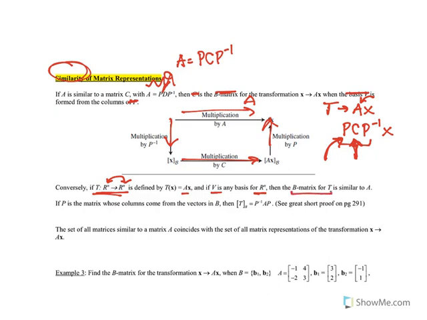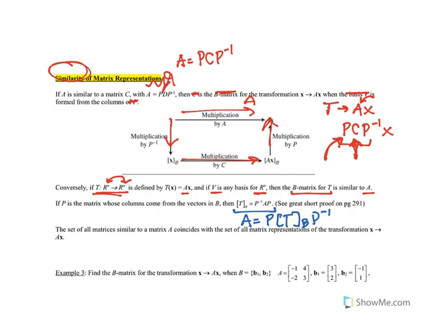Then the B matrix for T is similar to A. What that means is right here. Okay, they are similar matrices. So you could either write it this way, or you've been writing it like A equals P times T_B P inverse.